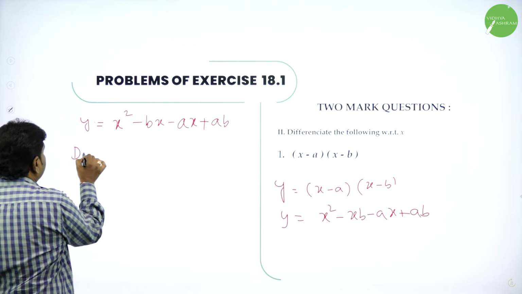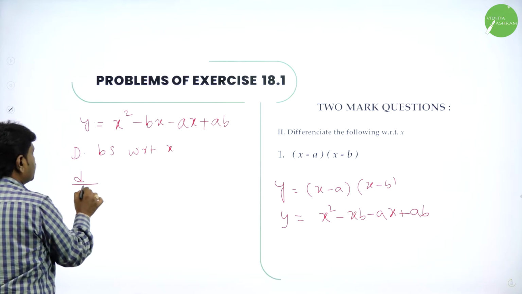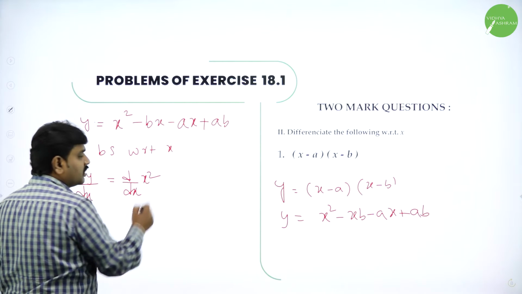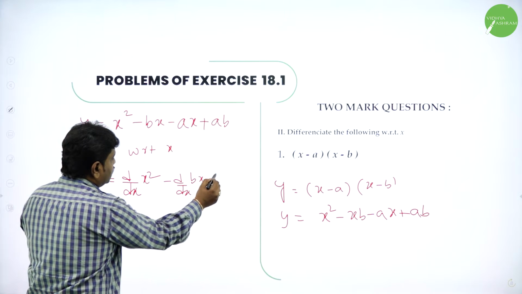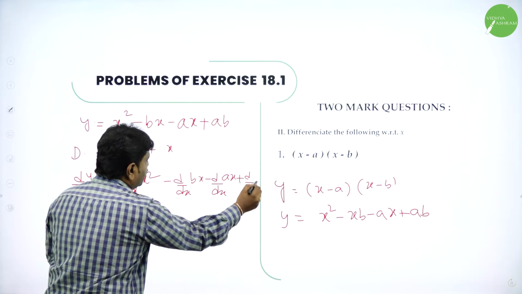So differentiate both the sides with respect to what? x. If you do that, LHS becomes d by dx of y, that is equal to d by dx of x square minus d by dx of bx minus d by dx of ax plus d by dx of ab.